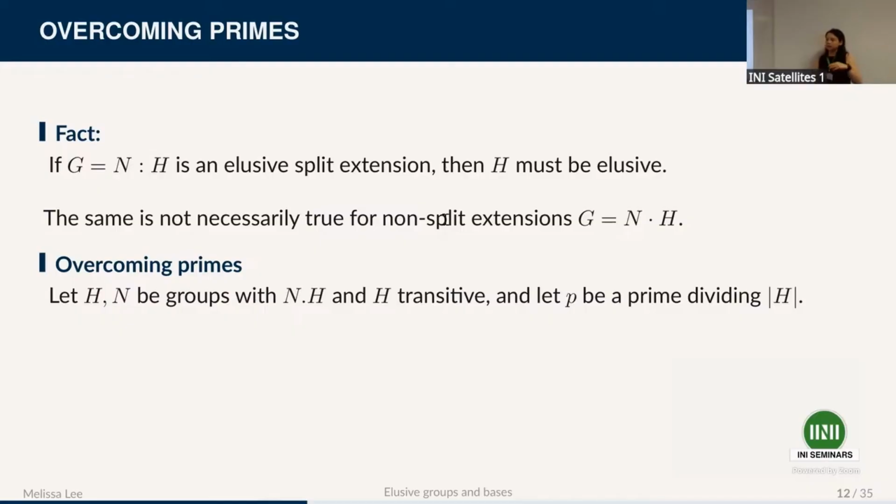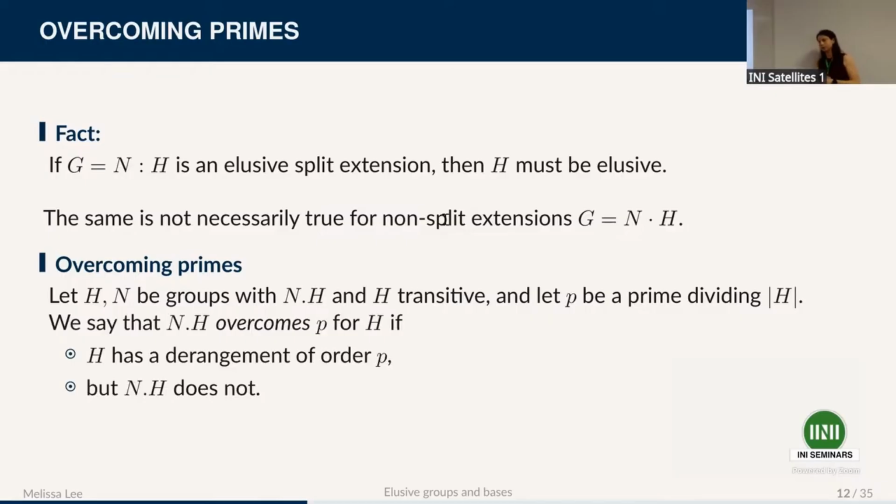Now what you do is you take a prime dividing the order of this group H. And we say that this extension overcomes P for H if we have the following. H has a derangement of order P, so that would be bad in the split extension case. But somehow when we take this non-split extension, we have no derangements of order P. So somehow we get rid of these bad orders where we find derangements.